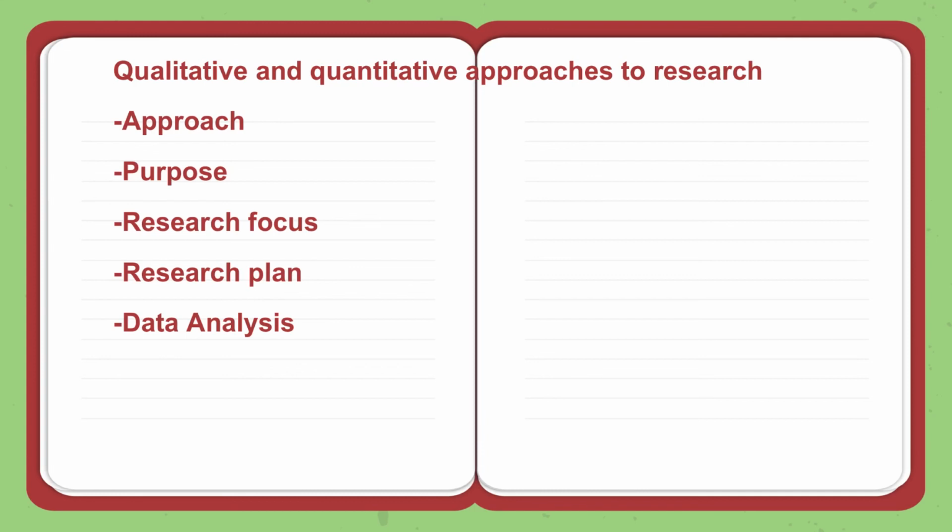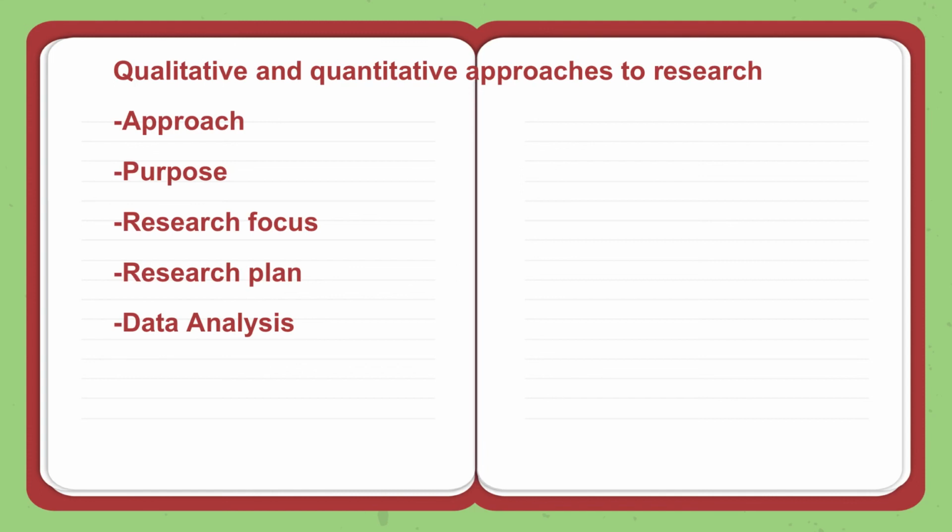The purpose of quantitative is theory testing, prediction, establishing facts, and hypothesis testing. The purpose of qualitative is describing multiple realities, developing deep understanding, capturing everyday life and human perspective. That's a very, very different purpose.